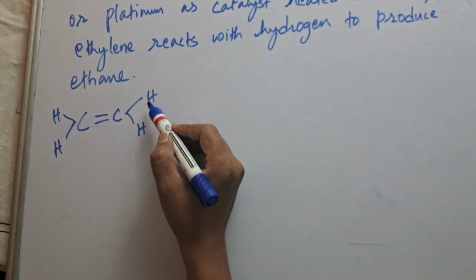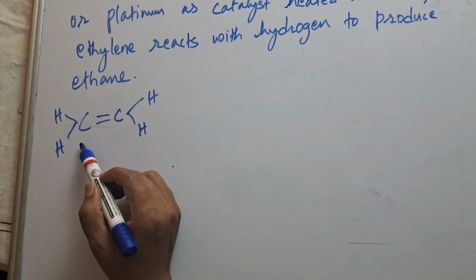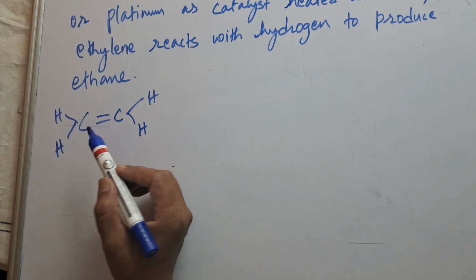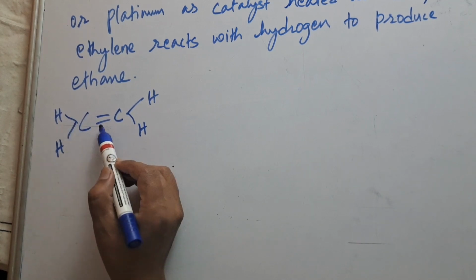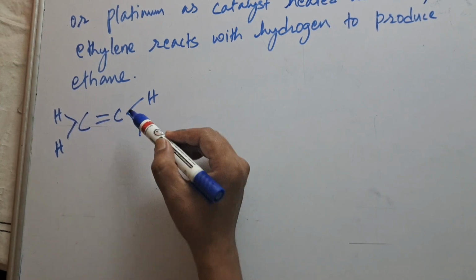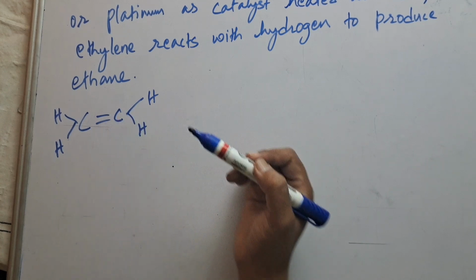We know that carbon is a tetravalent element. It should contain 4 bonds to satisfy its valencies. The valency of this carbon atom is 1, 2, 3, 4. Similarly, the valency of this carbon atom is also satisfied because it also contains 4 bonds.